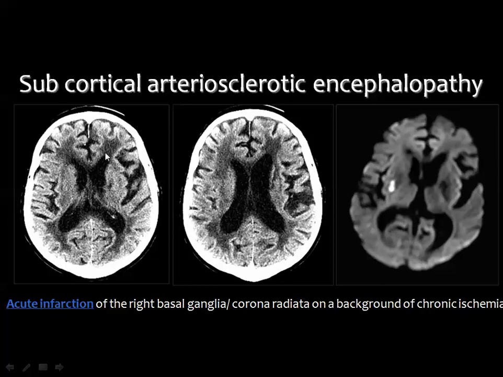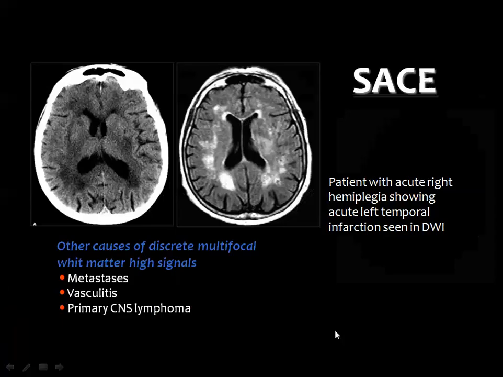The CT scan will show dilatation of the ventricles and the atrophic changes with diffuse white matter hypodensity. But an MRI will show diffuse white matter high signal intensity in T2 and the FLAIR, but the diffusion weighted images will show the acute insult as a focus of restricted diffusion.